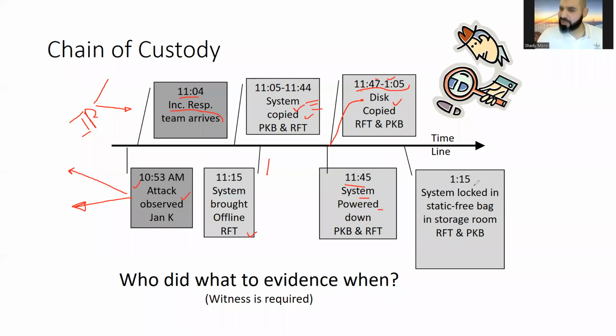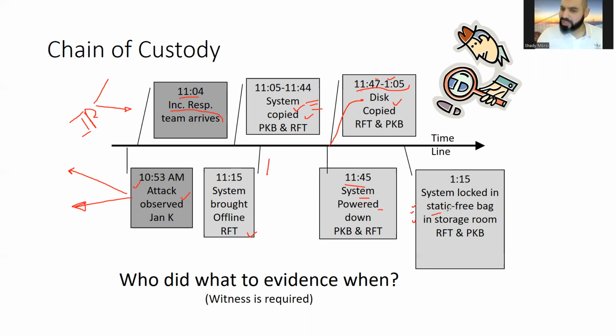here is the preservation part. The preservation part is saying that the system is locked in a static free bag, and I will tell you why in one second. Our computer system is very susceptible to static charges. If you have electric charges in one of these systems, it can destroy your motherboard, your hard drive, and the memory, and then your computer is not preserved anymore.